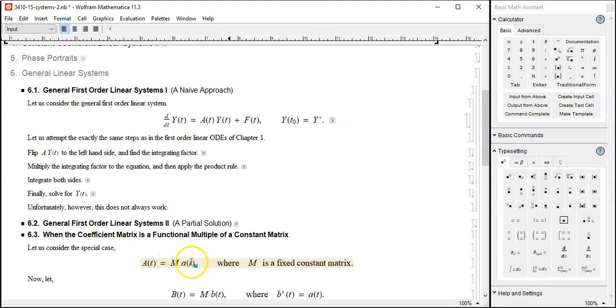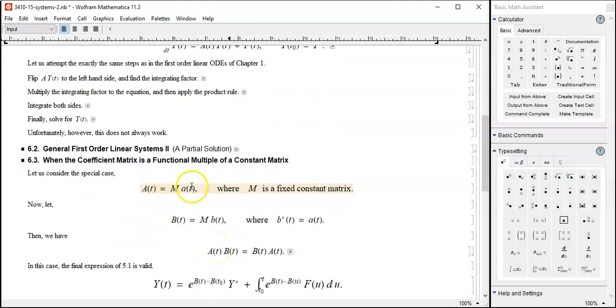So for the constant matrix times a scalar function, the antiderivative is the same coefficient matrix, no change, and then this a of t becomes the antiderivative function b of t. For example, if I start from sine of t, this will be negative cosine of t basically.